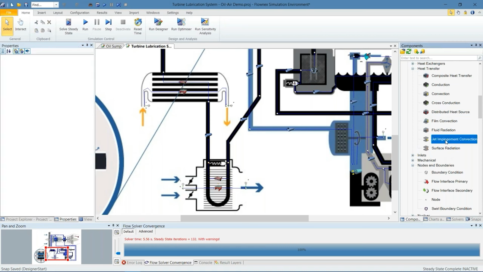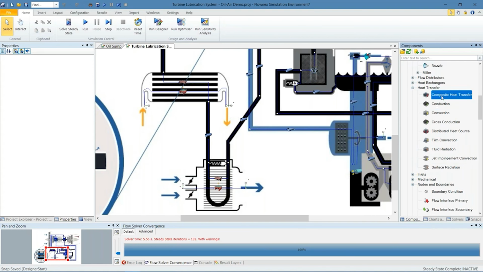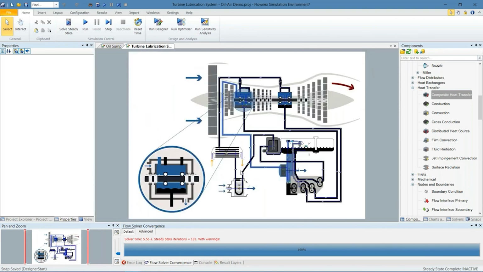If you would like some more detail, it is also possible to use the heat transfer components, so model it fundamentally using convection and conduction. But that would obviously require more information regarding the geometry of these particular heat exchangers, but would then give you a much better understanding of the performance of the heat exchanger in general.